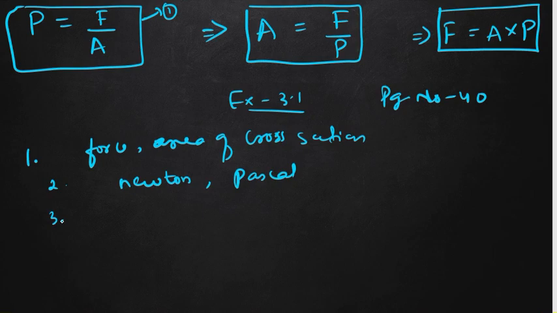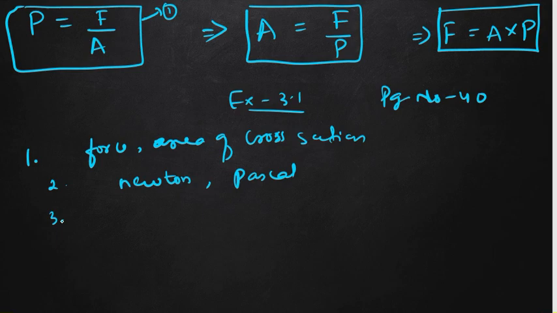And the third one, the cutting edge of a cutting instrument is sharpened because by dash the area of cross section, the pressure dash. Why is it sharpened? Because dash the area of cross section, dash the dash increases.